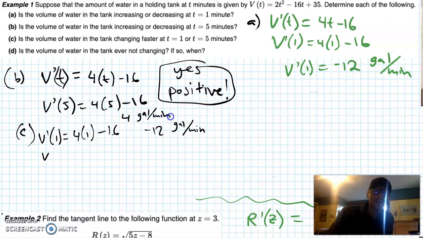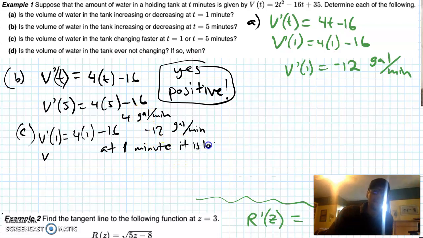So in this case, I think we'll actually say at 1 minute, it's changing faster. It just happens to be changing, it's losing water rather than gaining water. So at 5 minutes it's actually filling up, and then at 1 minute it's losing, but it's losing it 3 times as fast as it's gaining it at 5 minutes.